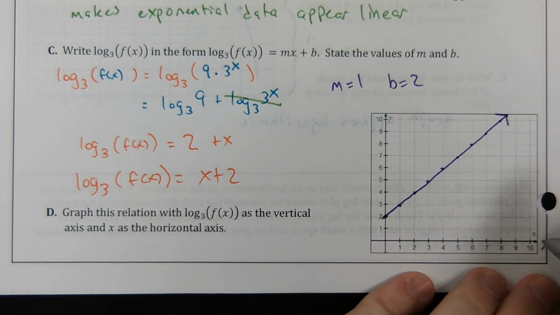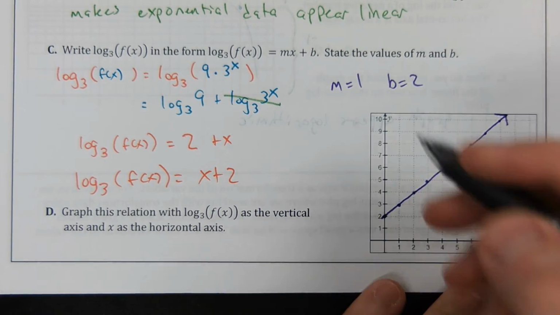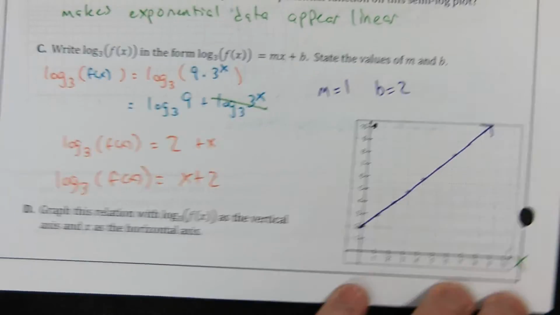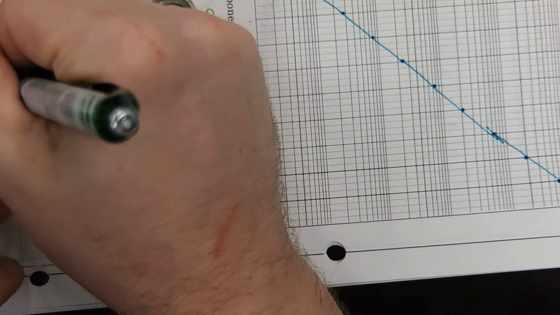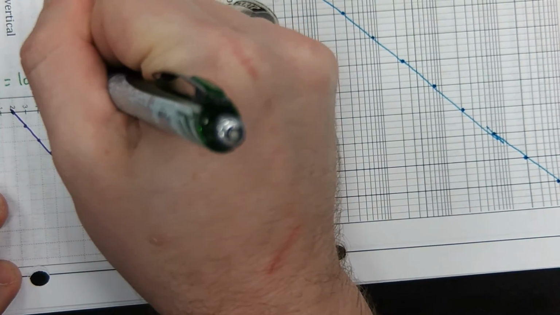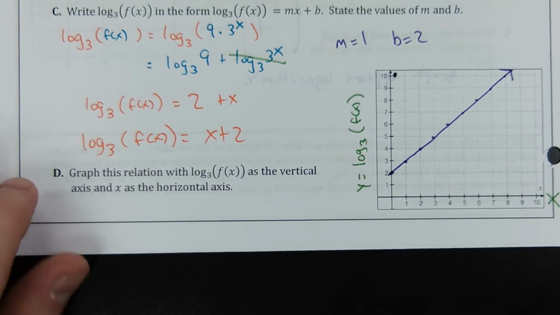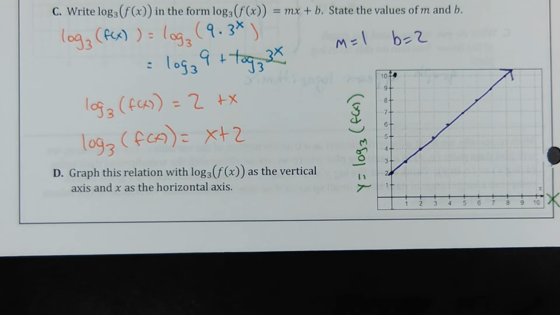This is the x, and this is not a y-axis. It's actually log base 3 of f of x axis. So every one of those y values is actually log base 3 of the true y value.